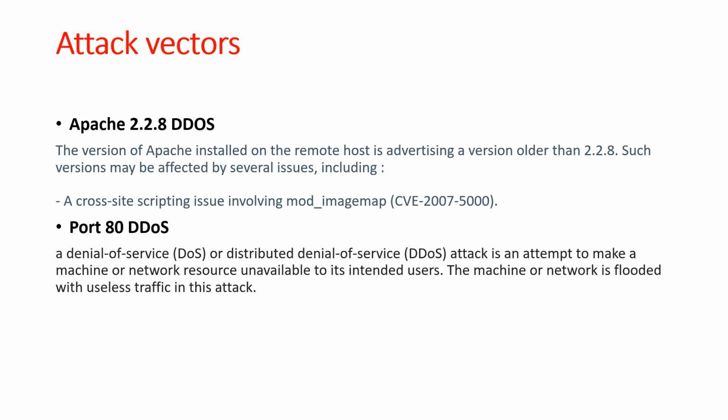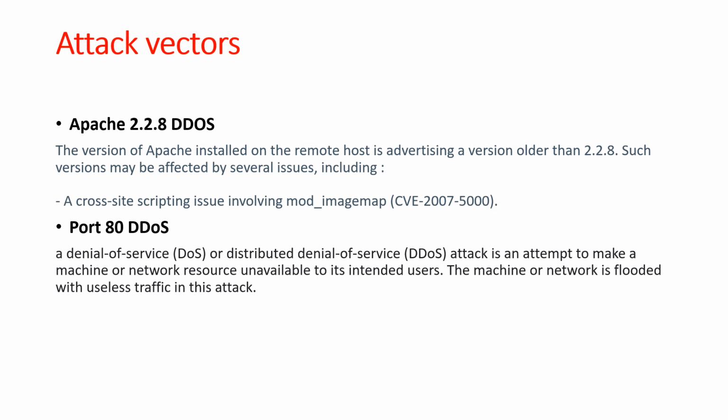Attack vectors: as I mentioned before, I took into consideration two main ones, which are Apache 2.2.8 and DDoS, which is denial of service. This attack involves a version of Apache installed on a remote host advertising a version older than 2.2.8. Such versions may be affected by several issues, including a cross-site scripting issue involving mod_imagemap and CVE-2007-5000.